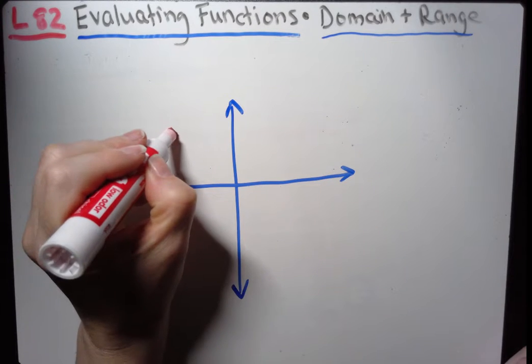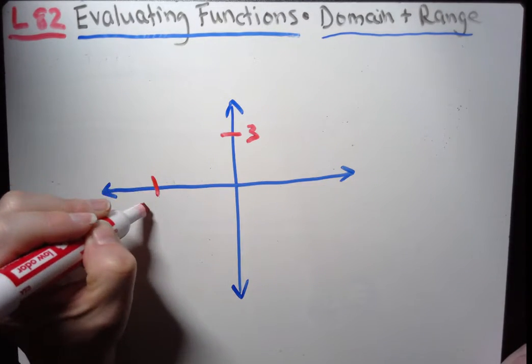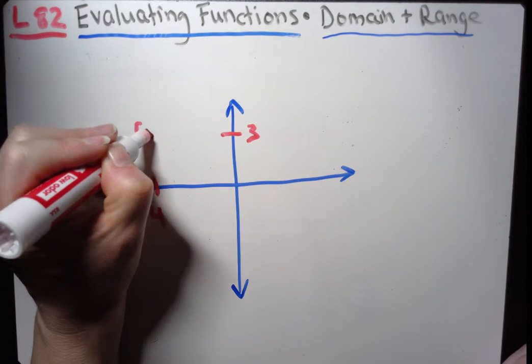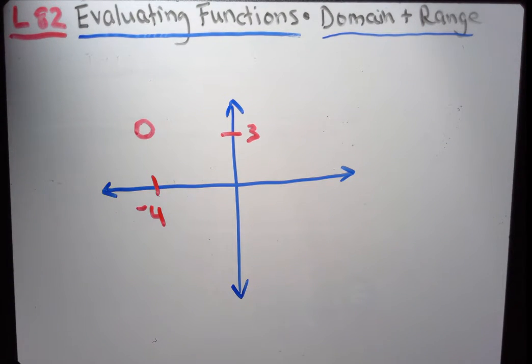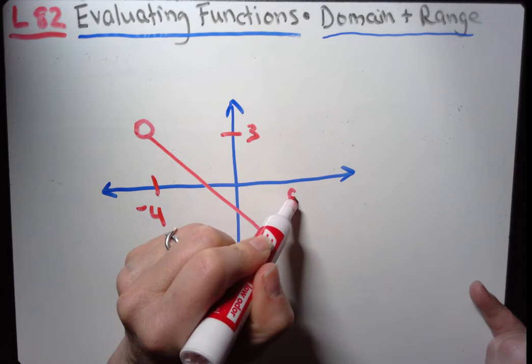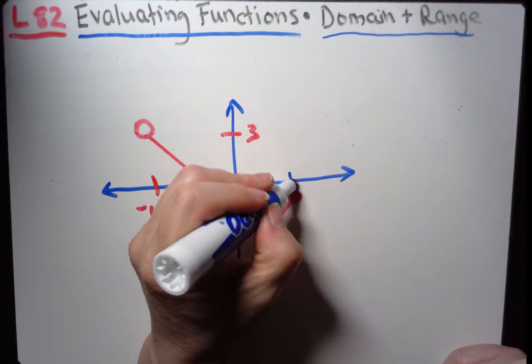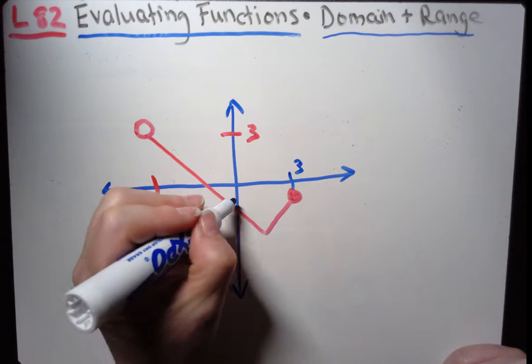So let's take this function here. Let's say this is the point -4, 3, and I'm going to put an open circle there. And then I'm going to put a funny shape and put a closed circle here. And let's say that's the point 3, -1.